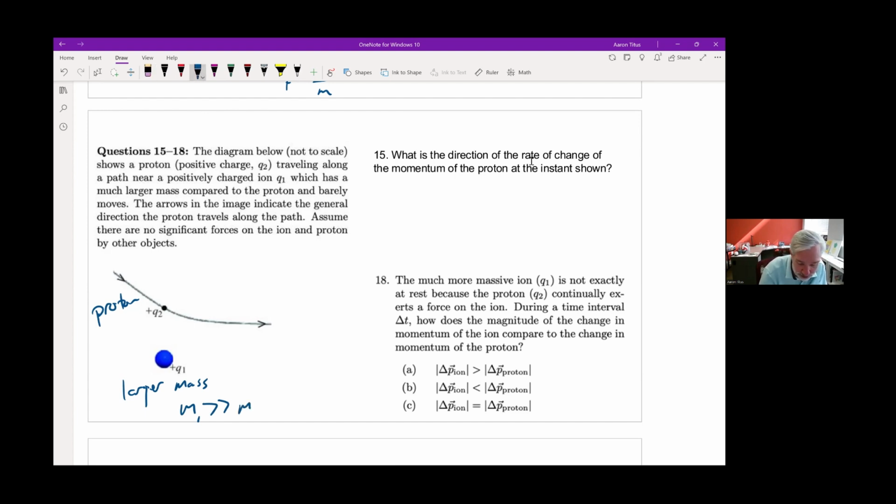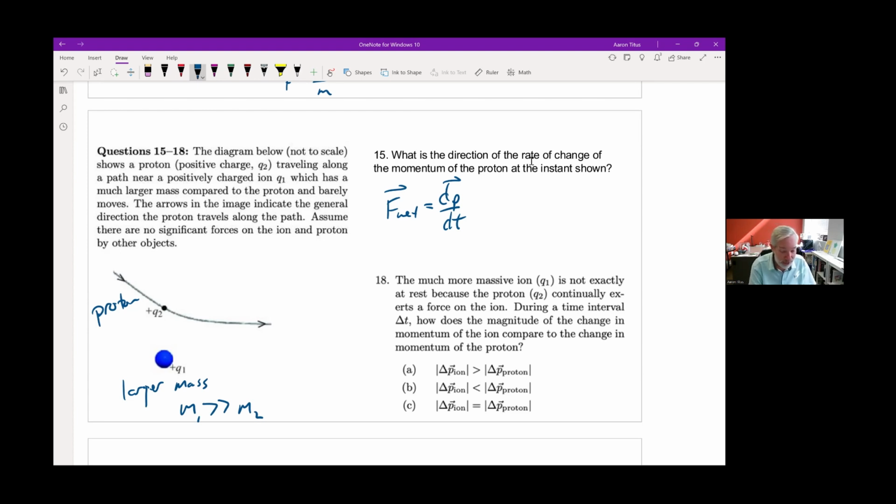And the question is, what is the direction of the rate of change of momentum? Now, at this point, we are using F net equals dp/dt. And notice it is unusual. We're not talking acceleration here. We're talking about the rate of change of momentum. So what is the direction of the rate of change of momentum?